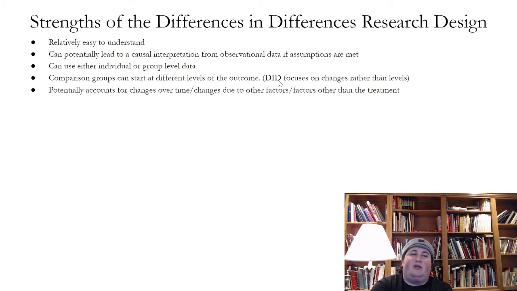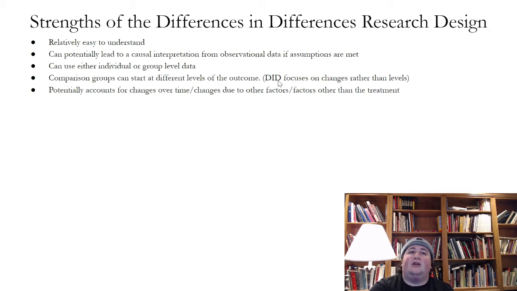So it's relatively convenient if the assumptions are met. It can use either individual or group level data, right? You can imagine one individual, maybe twins, right? One went to private school and the other didn't. And what was the effect of private school on the twin? Or you could do it at group level, right? How did a state with a law do versus a state without the law?